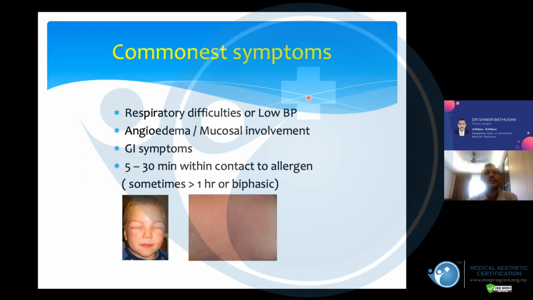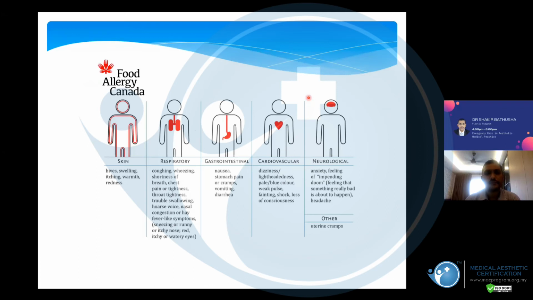Sometimes there will be a problem in elderly patients on beta blockers. They may not exhibit all of the symptoms despite having an anaphylaxis reaction, so you may be caught off-guard. So these are the symptoms that they can present with in anaphylaxis.